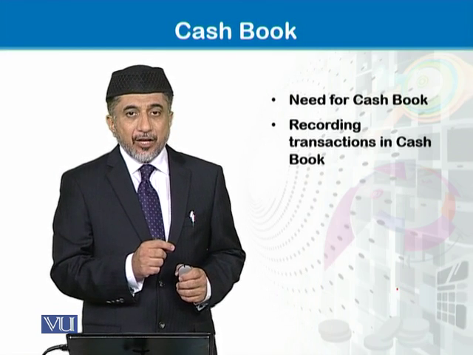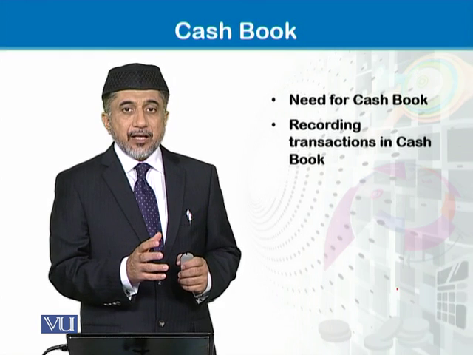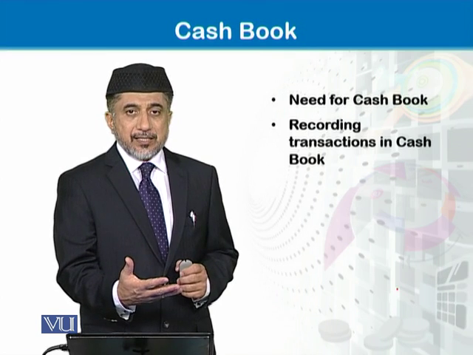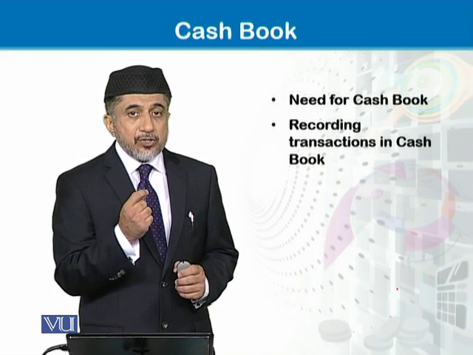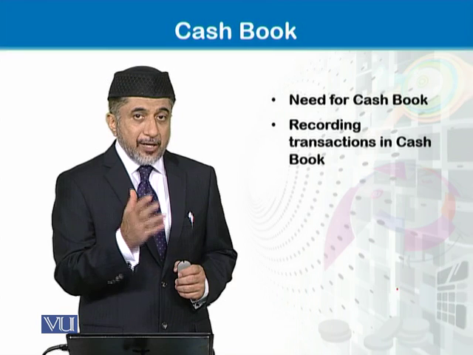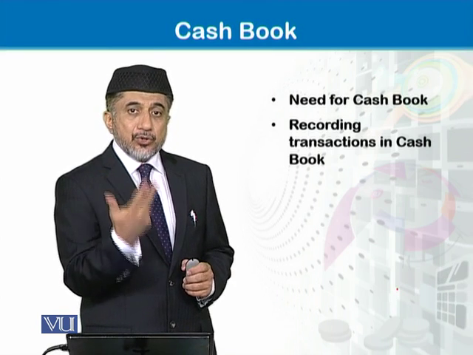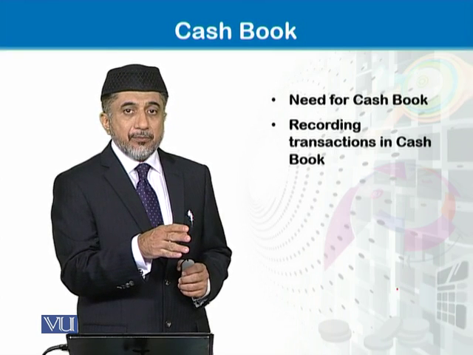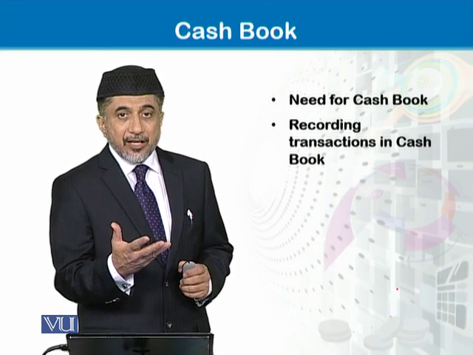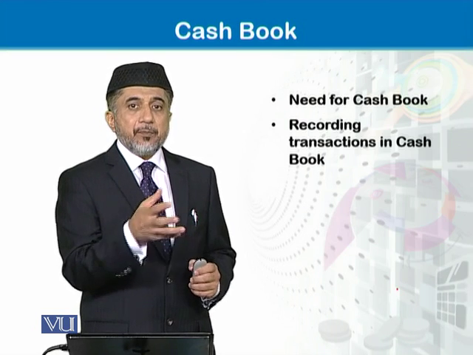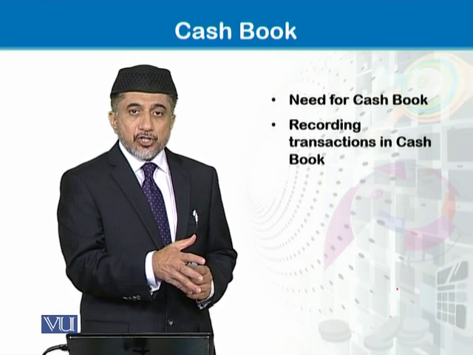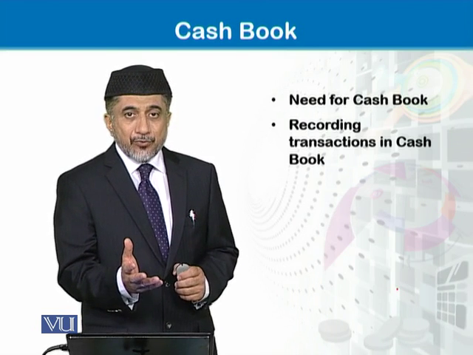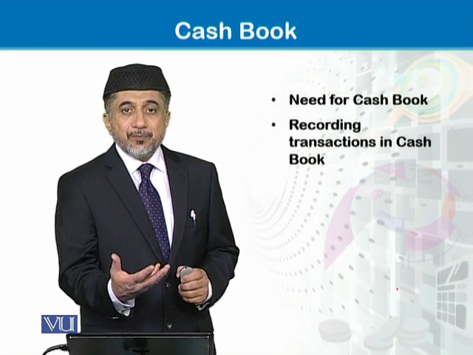By the way, organizations which have so many cash receipt and cash payment transactions prepare two separate books, or in a way they split the cash book into two. One is the cash receipt journal and the second one is the cash payment journal. A separate bookkeeper would be held responsible to maintain the cash receipt journal, and a separate bookkeeper would be held responsible to maintain the cash payment journal.